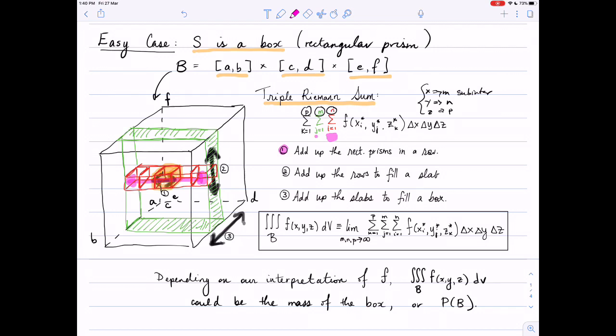And then in number 2, you add up the rows. So once you've got a single row, you add up all those rows, and then you get the volume in a slab. And then once you've got a volume in one slab, you add up all the slabs back and forth until you have the volume of a box.